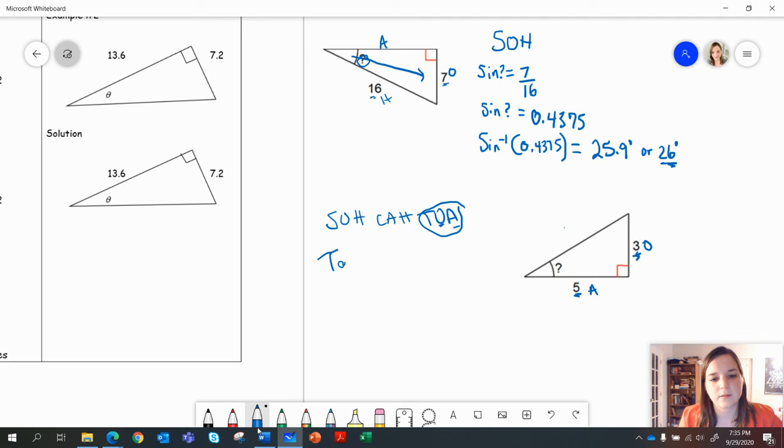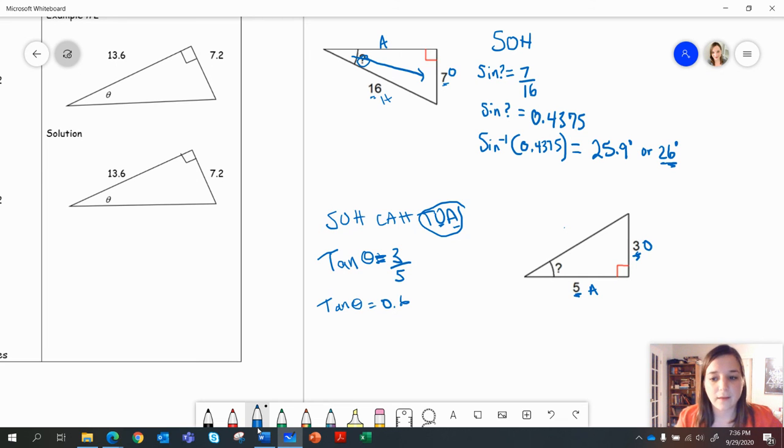And TOA stands for tan of the angle. So the angle is actually what we're looking for. So tan of the angle is equal to the opposite side, which is 3, divided by the adjacent side, which is 5. So tan theta is equal to 0.6.